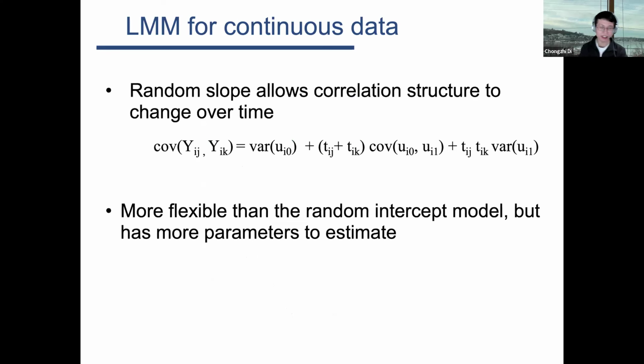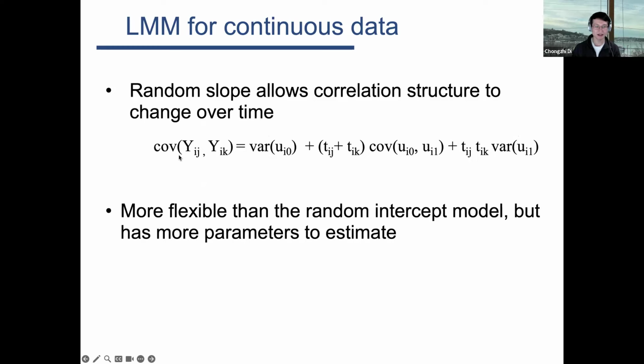Now because you have both random intercept and random slope, if you again try to calculate the implications for the correlation structure, if you calculate the covariance between Y_ij and Y_ik, I will not show the details, but if you do the matrix algebra, you'll find that it depends on the variance of the random intercept, the variance of the random slope, and also the covariance of the random intercept and slope, and it also involves the times of the jth and kth visits.